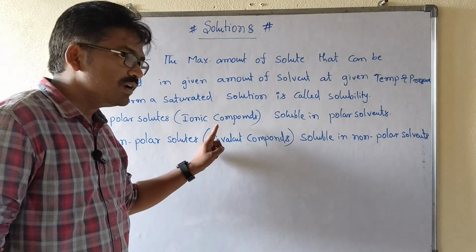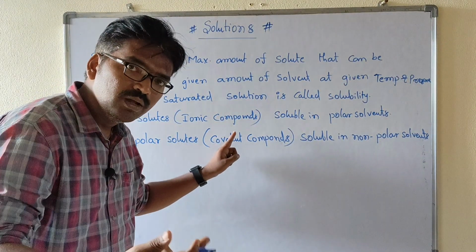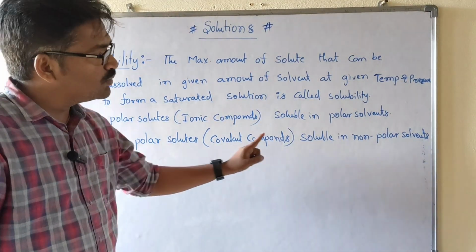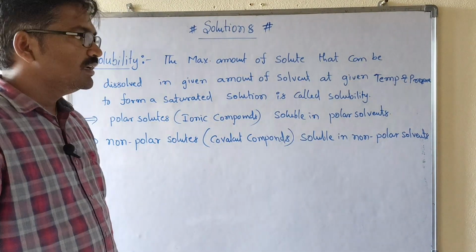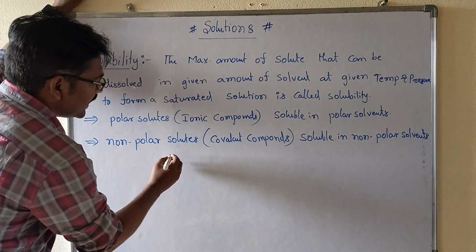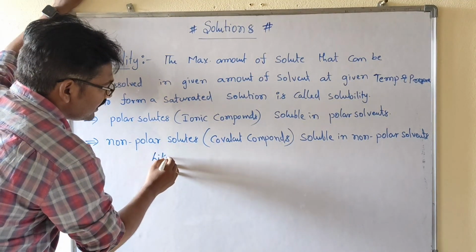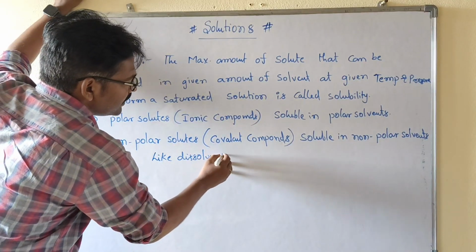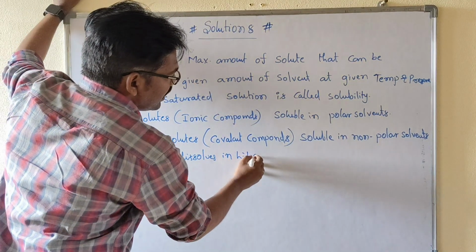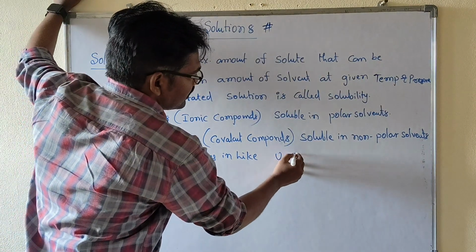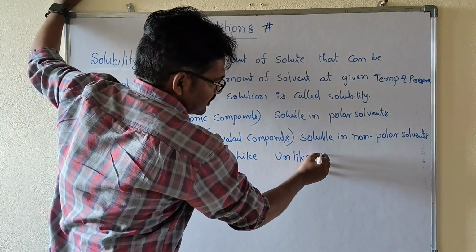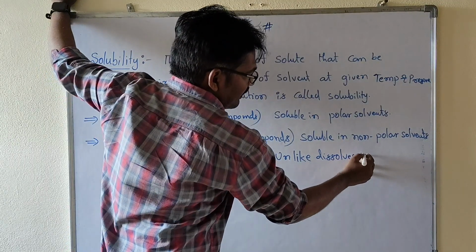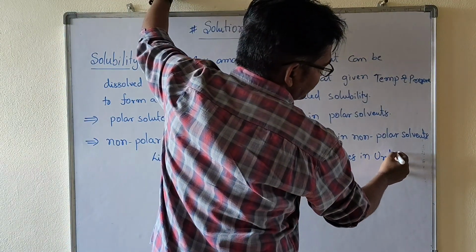Polar solutes that are ionic compounds can be soluble in polar solvents. Then non-polar solutes are soluble in non-polar solvents only. So here we can say that like dissolves like, unlike dissolves unlike.